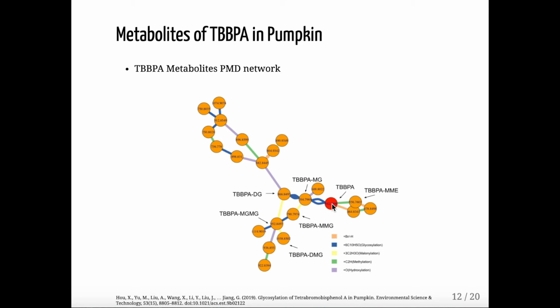So it means that by a local recursive searching strategy, we can find all of the possible metabolites within the dataset. So this is the first application of reactomics: to screen all the possible metabolites.